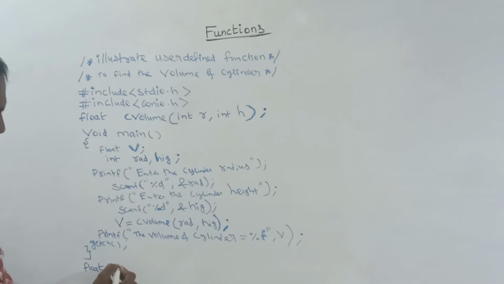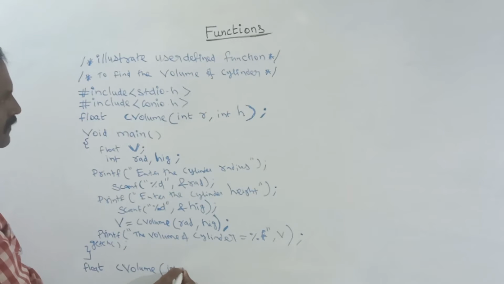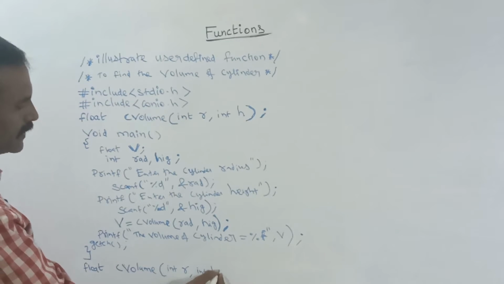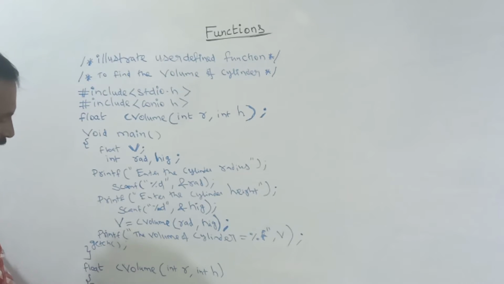So I am writing here float. Next my function name is c volume. After that open brace, inside integer radius, integer height. We should not put a semicolon here because we are defining it.